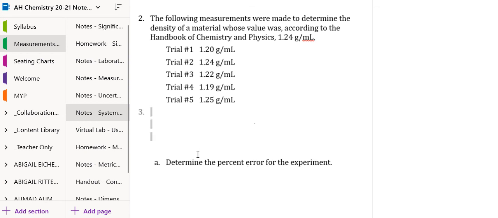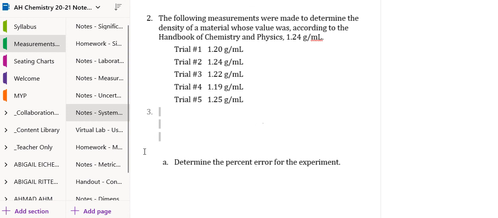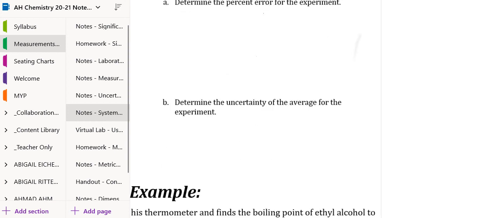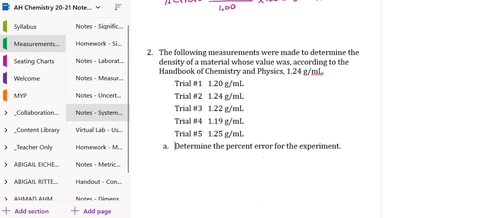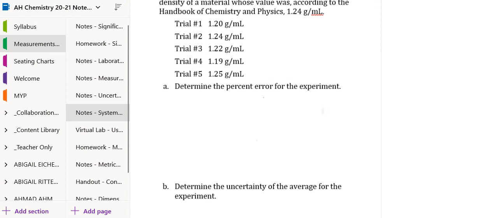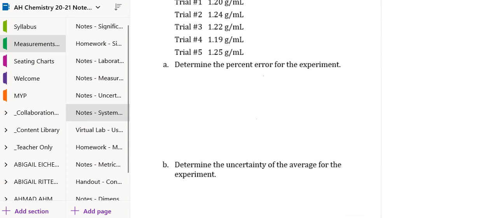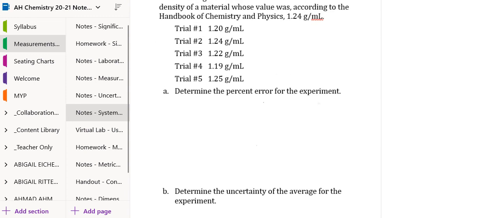That's the accepted. Good. So now let's look through what we've been asked to do. Determine the percent error. To determine the percent error, we're going to need the average. So let's look at what part B says. B says determine the uncertainty of the average for the experiment.